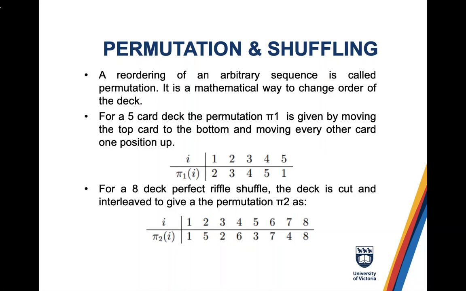So let's say that I have a deck 1, 2, 3, 4, 5, 6, 7, 8. I cut it in the middle, so I have the first half 1, 2, 3, 4, and the second half 5, 6, 7, 8. The first card will be the first card from the first part, which is 1. The second card will be the first card from the second half, which is 5, and so on. So in the end, I will get a shuffle with 1, 5, 2, 6, 3, 7, 4, 8.